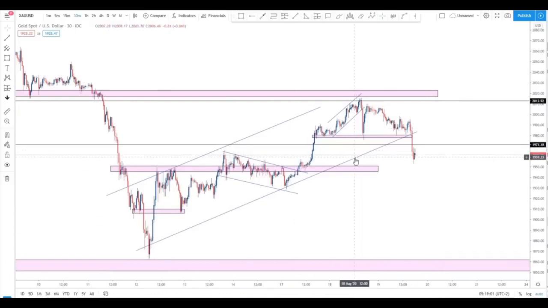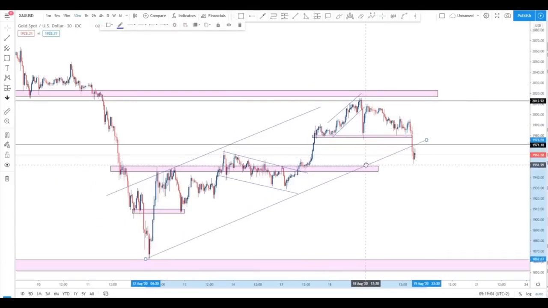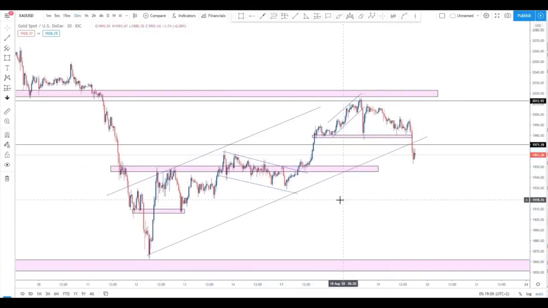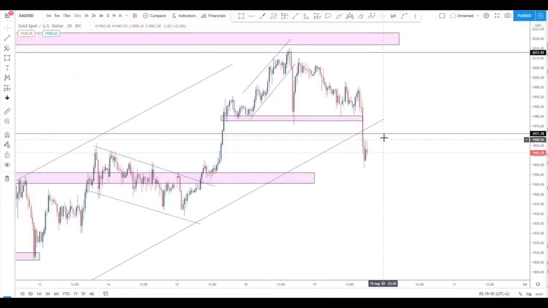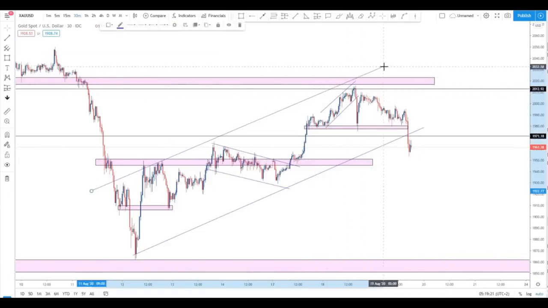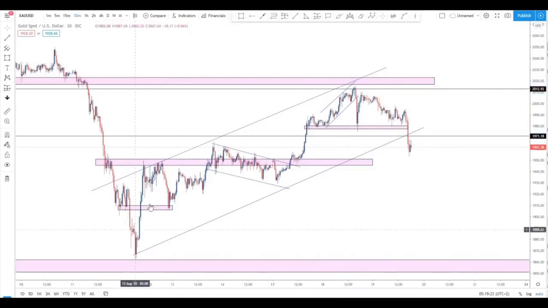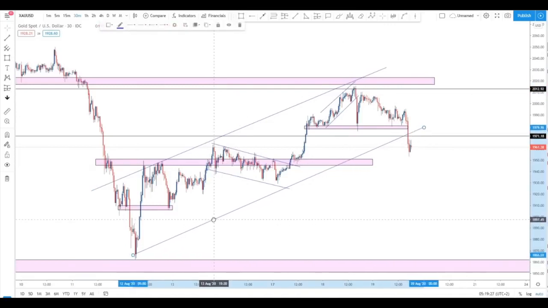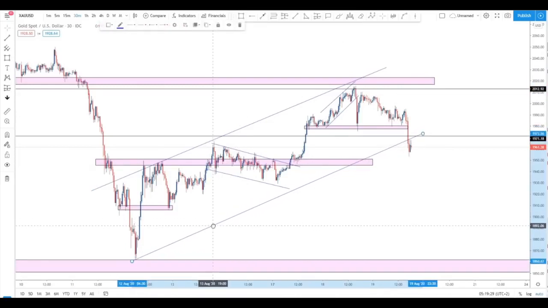Once we are outside this trend, I want to see what more the market can do. I'm just trying to adjust and see if this can be a retest and a push below, or what it can be from this level. For now, I can see that we are outside this bullish trend. We were in this bullish trend, but we've pushed below even the lowest point. So let's see how that plays out.